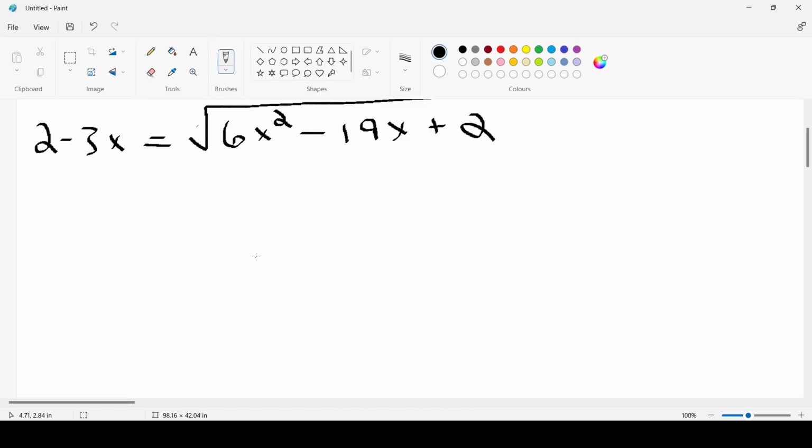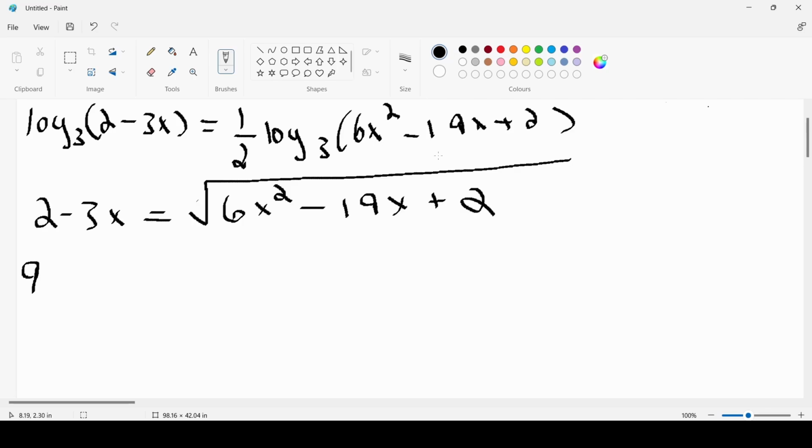Now, I'm going to square everything. Again, FOIL this, because we're squaring both sides.